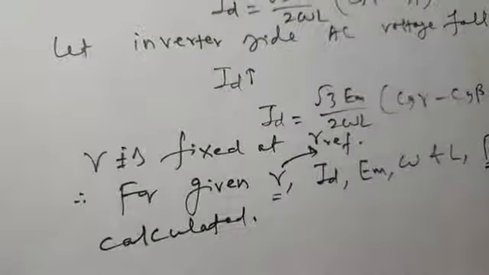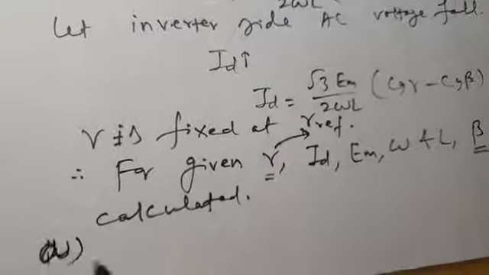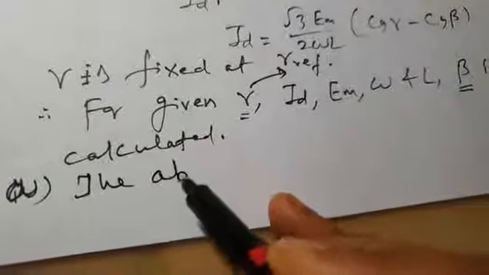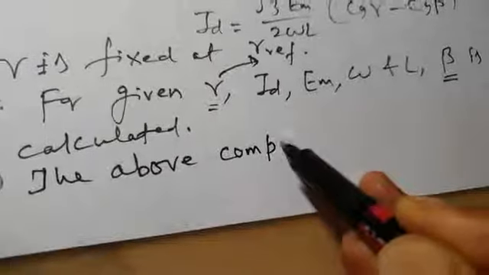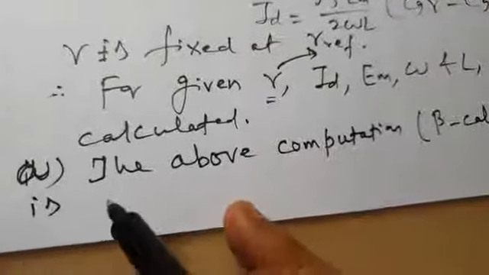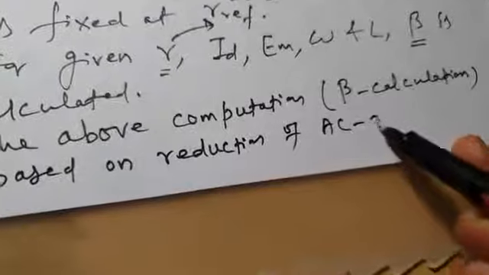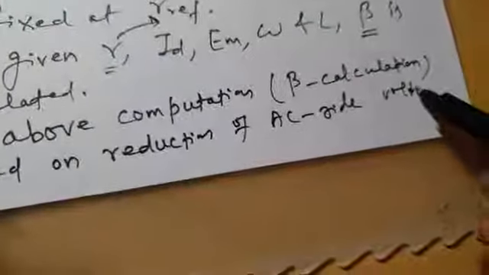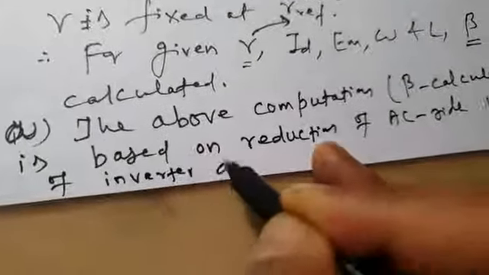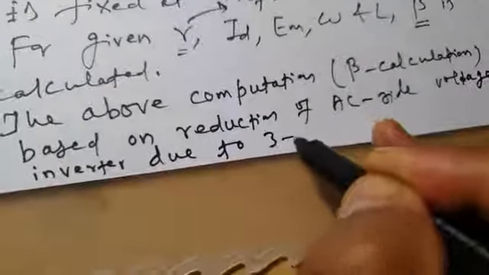So the first, number one: the above computation, that is, the beta calculation, is based on reduction of AC side voltage of the inverter due to a three-phase symmetrical fault.